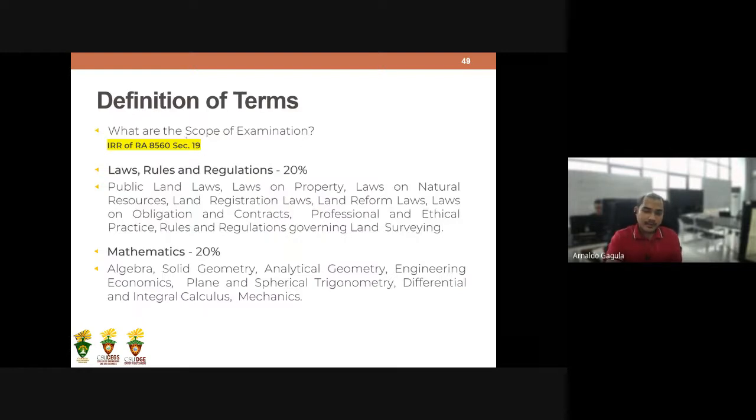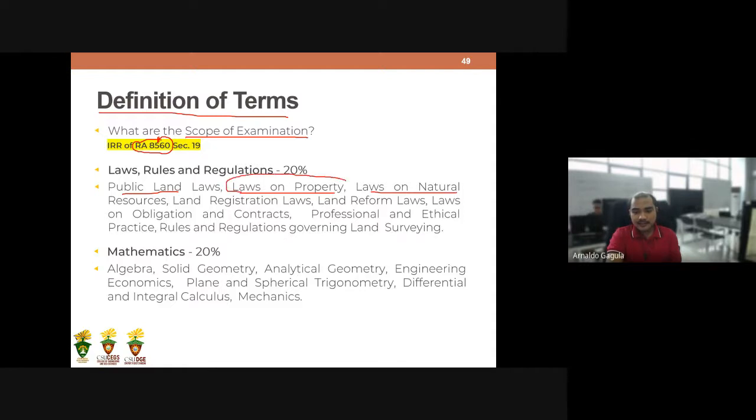So for the scope of examination, so ato yung i-define since appeal siya sa definition of terms according to RA 8560. So ano yung mga subjects nga i-take, no, during the licensure examination. First is the laws, rules and regulations. No, parang klase sa laws. Public land laws, laws on property, laws on natural resources. So, dili mo sulod ang property survey.